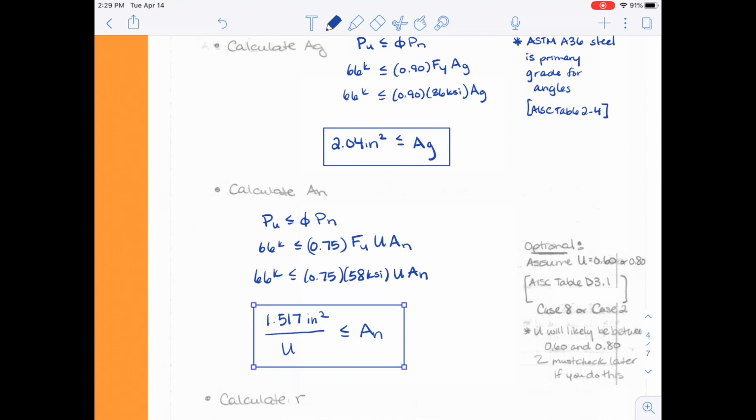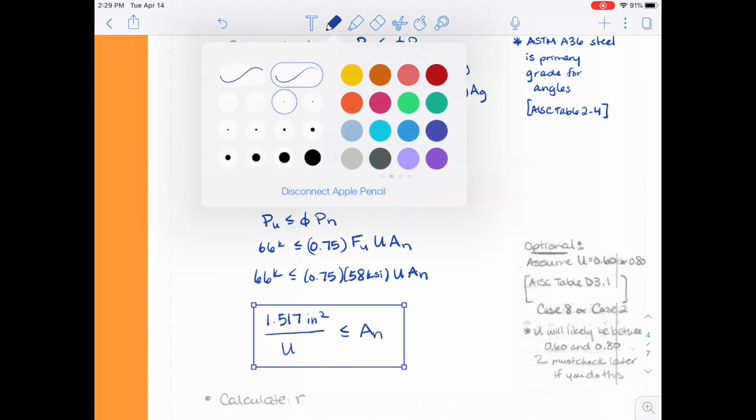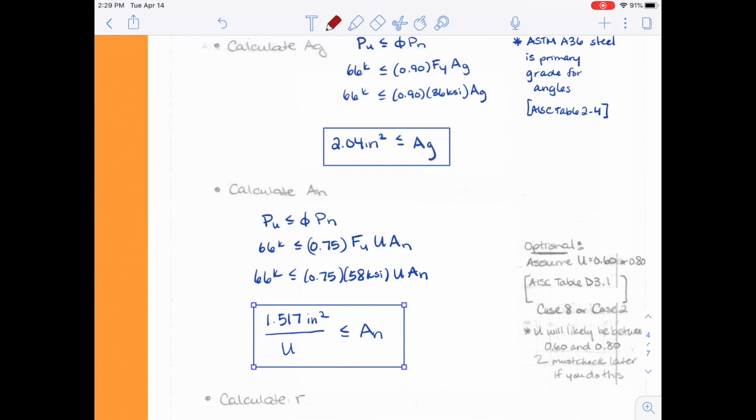Now, some designers like to just assume a value for U, and as you become more experienced and you do maybe a few different designs with angle connections, maybe you'll want to pick a value for U. If we take a look at table D3.1 in AISC, we see that for 3 fasteners, we fit case number 8, so that would be U equals 0.60.